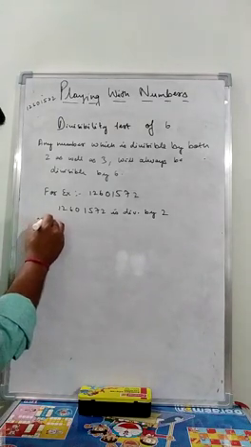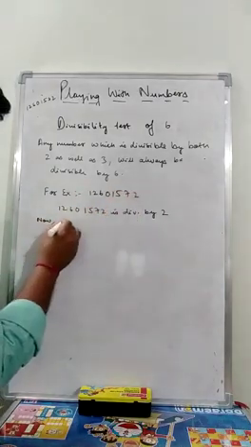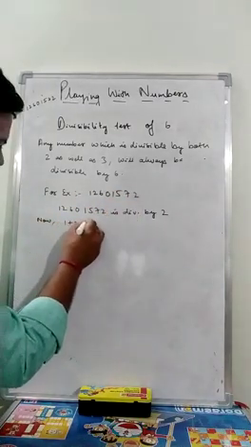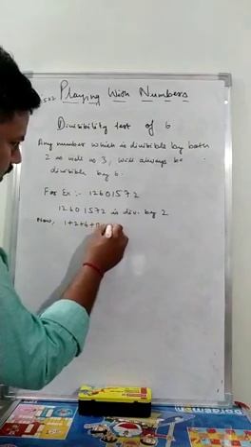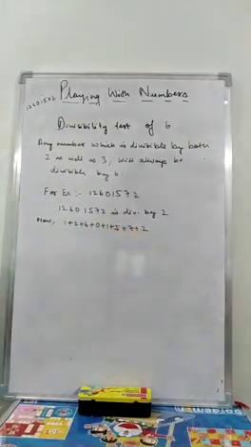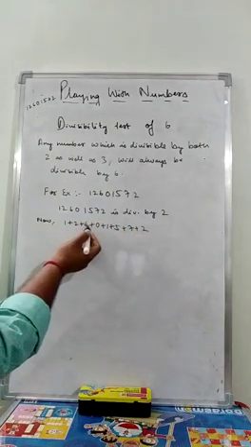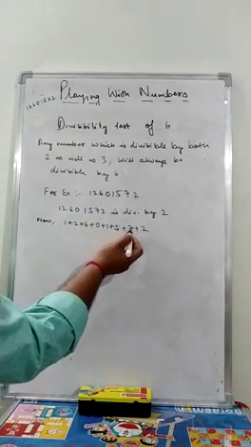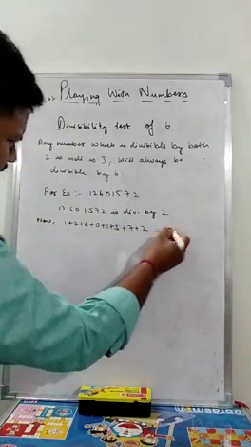Now add the digits. 1 plus 2 plus 6 plus 0 plus 1 plus 5 plus 7 plus 2. Let's see how much we are getting. 3, 9, 10, 15, 22, 24.